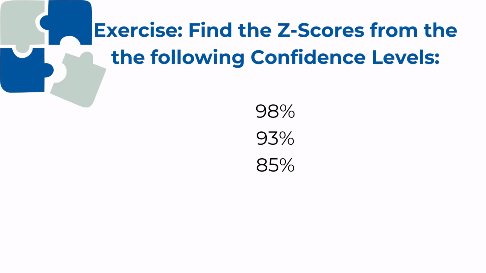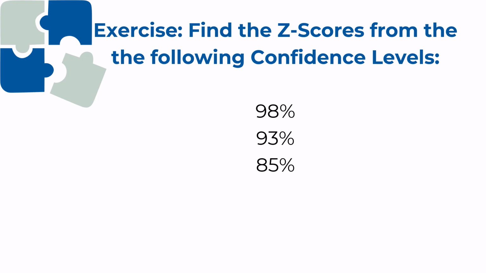An exercise here. Okay, so you find the Z score for the following confidence levels. So again, for 98%, so we use the same formula.